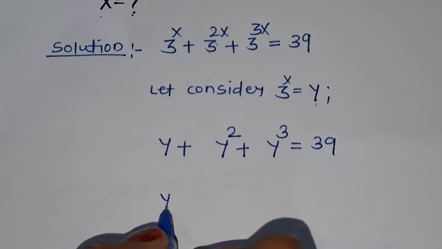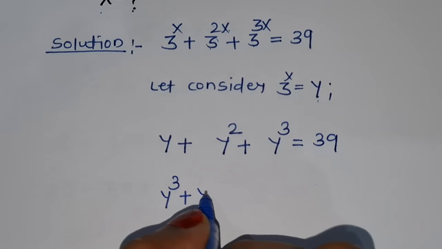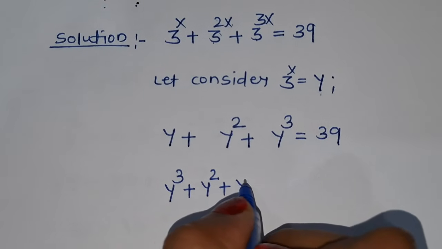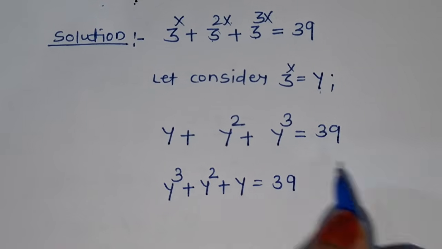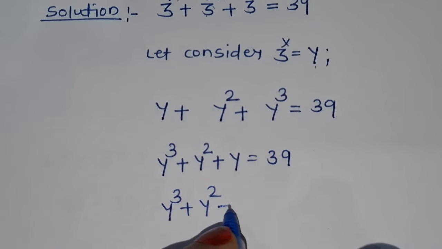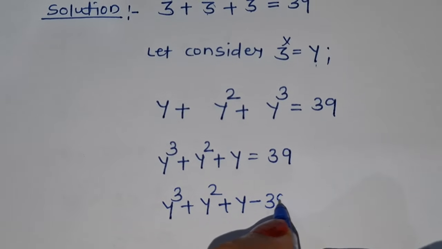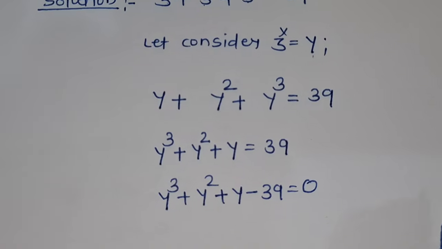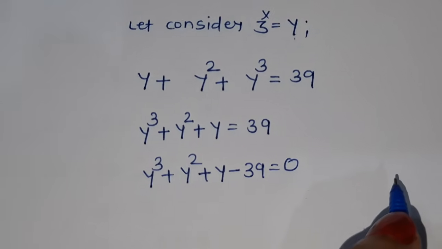We can write this as y^3 + y^2 + y = 39, or y^3 + y^2 + y - 39 = 0. This is the equation form.